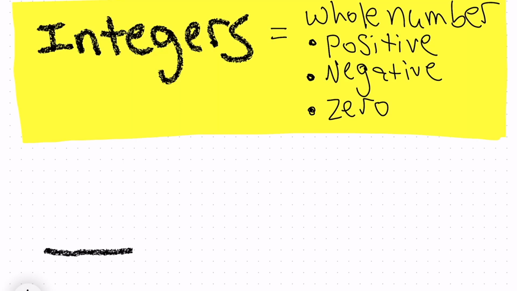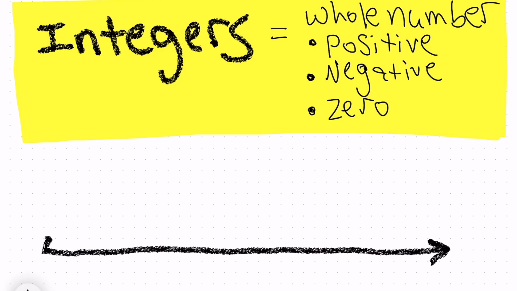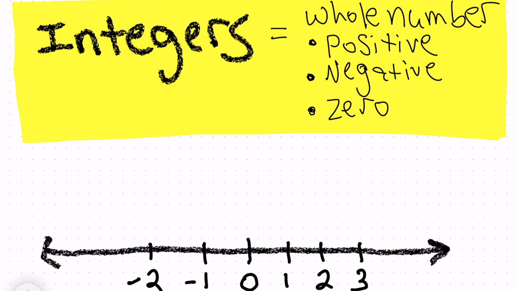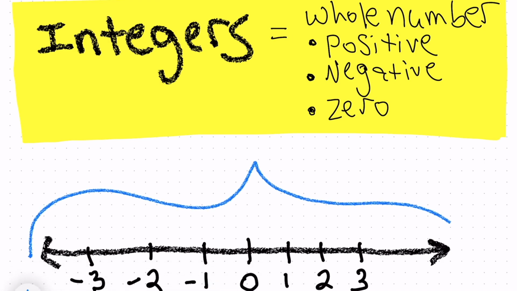If we draw a number line and we start with 0 in the middle, and we draw a few places in the positive side to the right, and a few places on the negative side on the left, we can see that all of these numbers are integers.